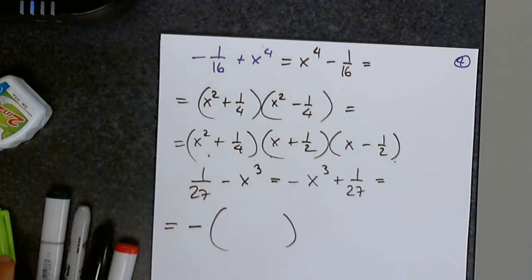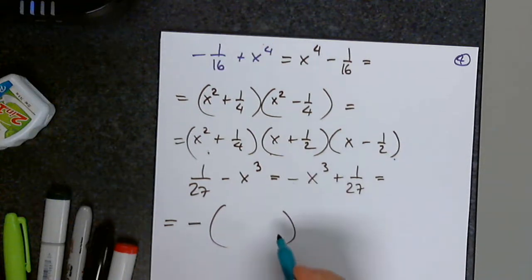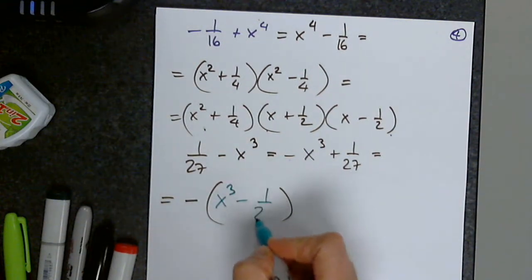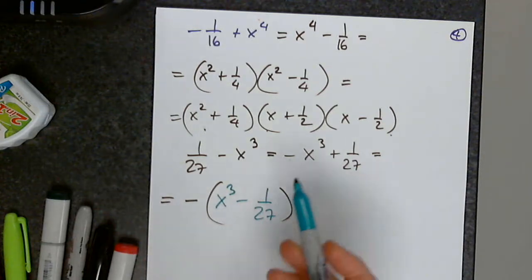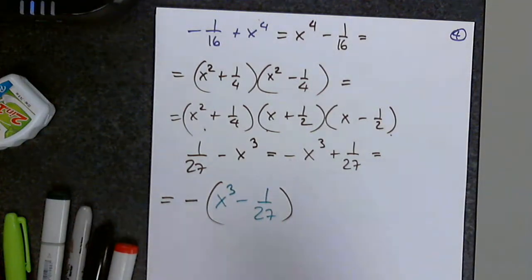Okay, now what? What is left in parentheses? X minus 1/3. Very good. Right? X cubed minus 1/27. Is that clear? Negative 1 times x cubed, and negative 1 times negative 1/27 is positive 1/27.